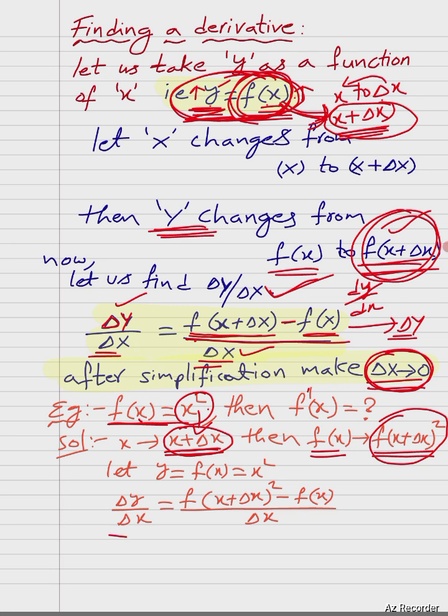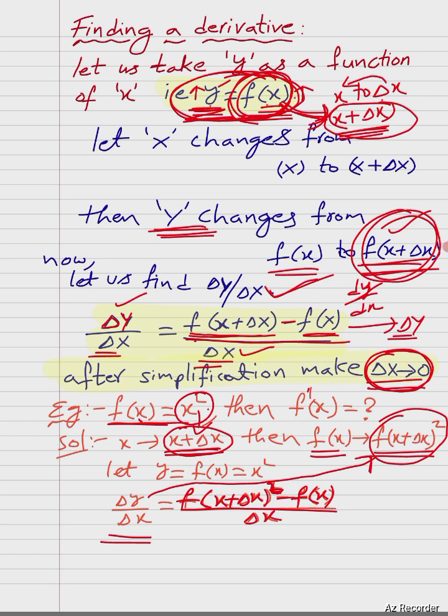Now what we have to find first? We have to find delta y by delta x. What is delta y here? The delta y is a final value which is f of x plus delta x whole square minus initial value. Okay, initial value is what? F of x upon change in x.